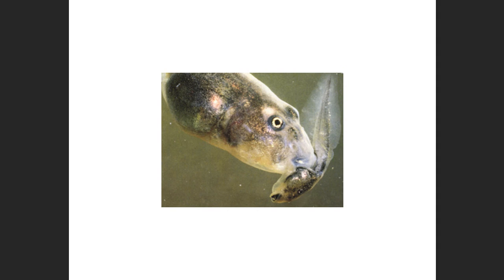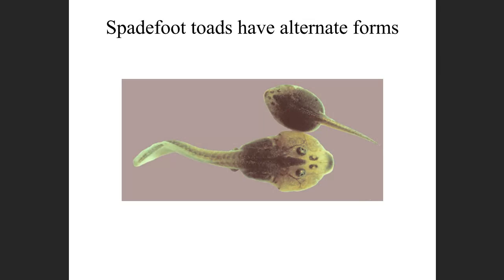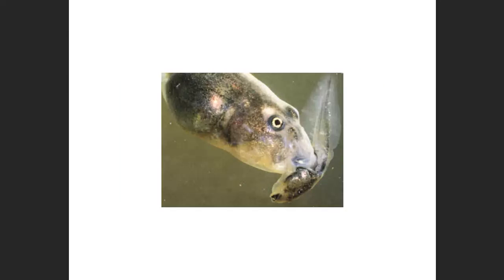Now, the interesting thing is these toads will have laid eggs in temporary ponds or puddles, and usually more than one toad will lay eggs. In that picture, they're actually the same age, so it's not just that one is going to grow into the other. These are different morphologies that they can develop into.